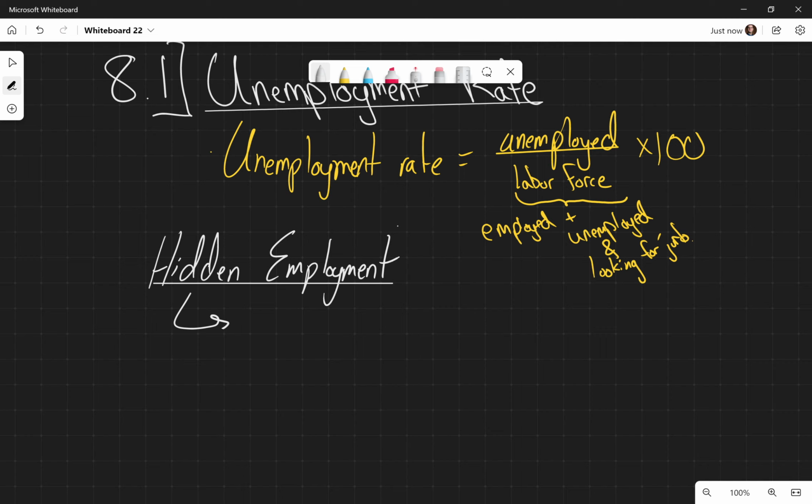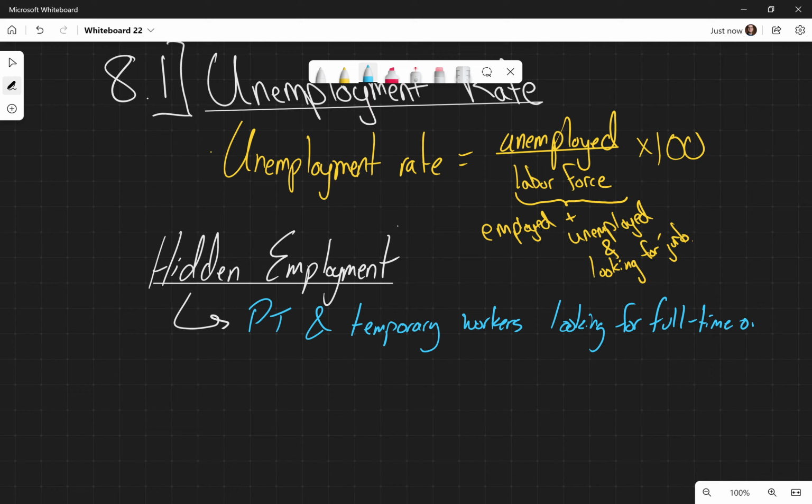So this is going to be part-time and temporary workers who are looking for full-time or permanent work.